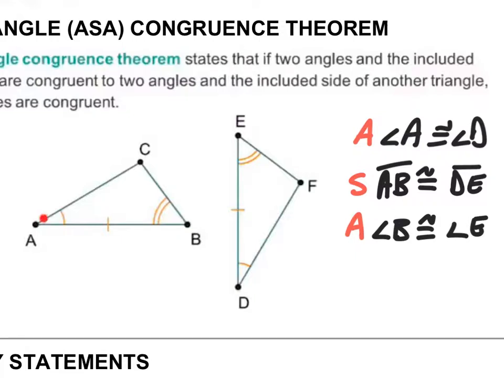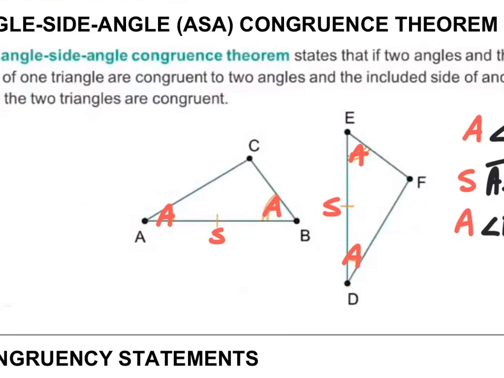If I go around my triangle, I have an angle, a side, and an angle. Same thing over here, I have an angle, a side length, and an angle that are congruent. And so when I say that this triangle and this triangle both have two angles and an included side, then I know that these two triangles are congruent.